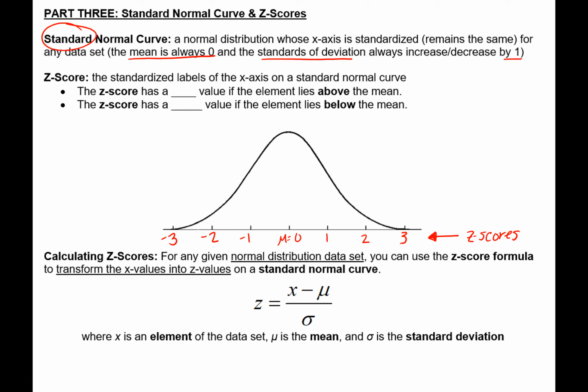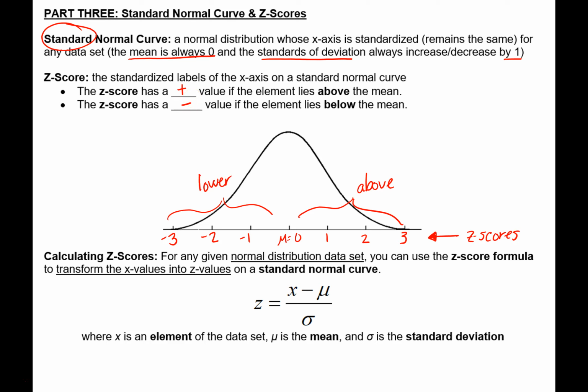You'll notice that these are always going to be the same labels, and if the value that we're looking at is above the mean, so we're talking about over here, above whatever the average is, then all of these z-score numbers, it's always going to be a positive number. And if it's below the mean, down to the left, it's always going to be a negative number.